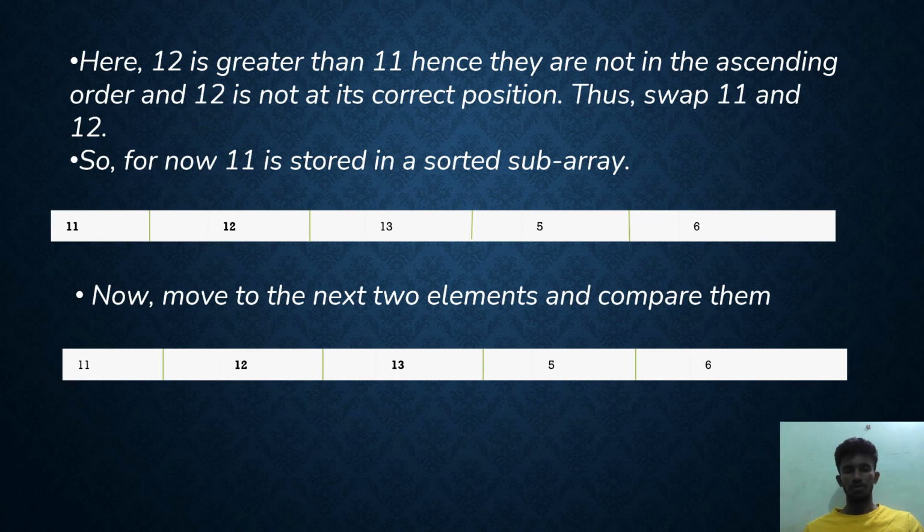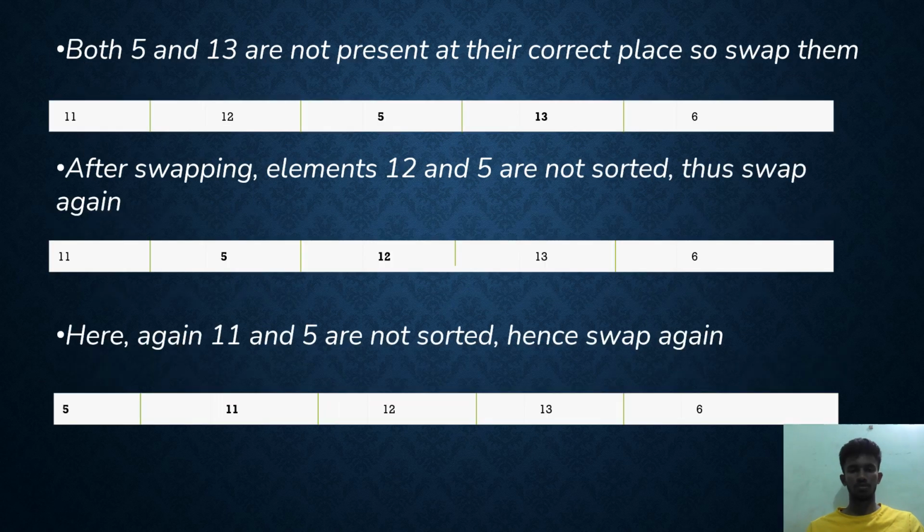So swap 11 and 12. For now 11 is stored in the sorted subarray and the array is 11, 12, 13, 5 and 6. Now we move to the next two elements and compare them. Both 5 and 13 are not in the correct place, so swap them, and the array elements are 11, 12, 5, 13, and 6.